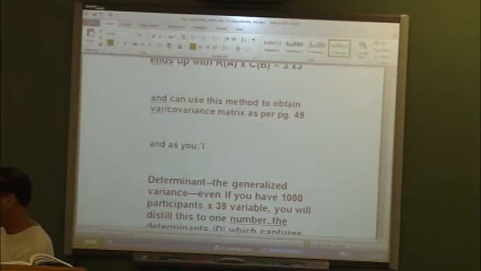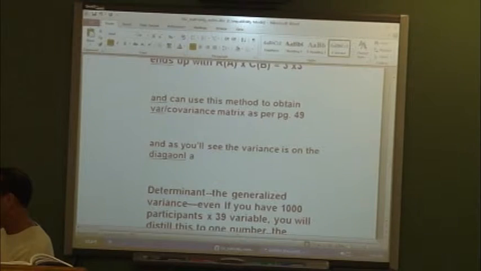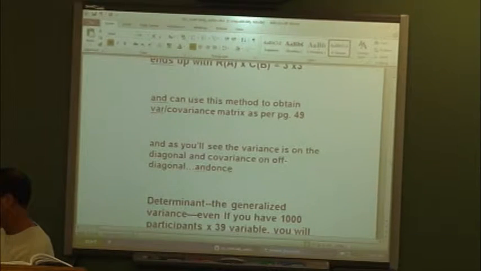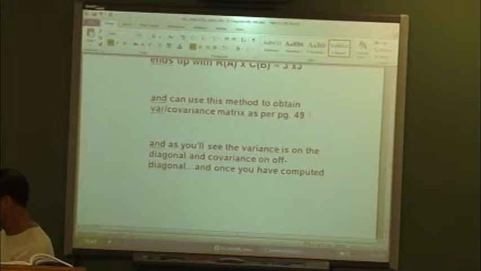And as you'll see, the variance is on the diagonal, and covariance on the what, everybody? On the off diagonal. And once you have computed SSCP, what does that stand for again, everybody?